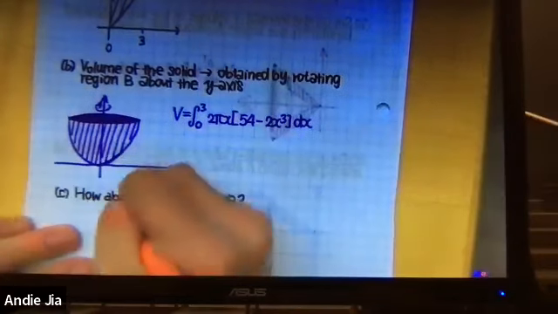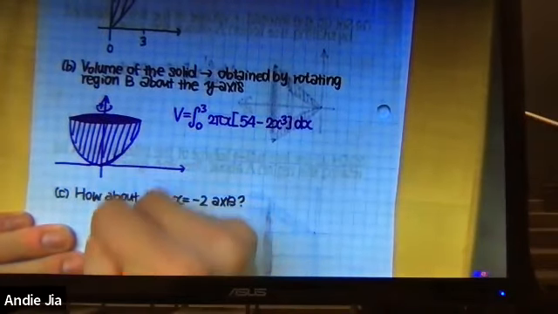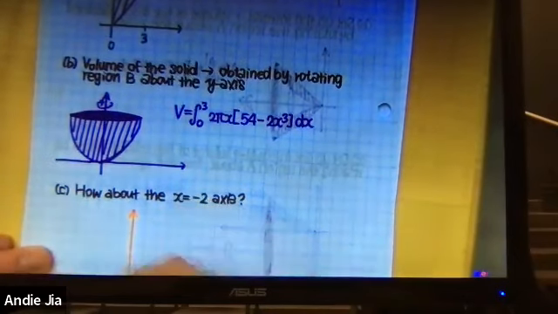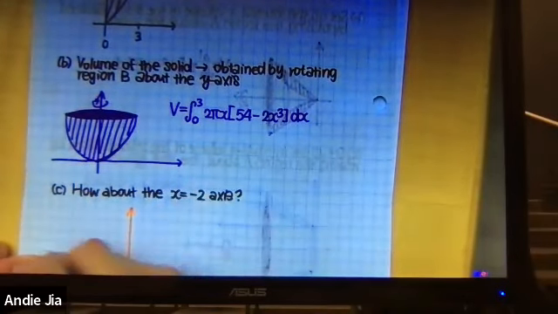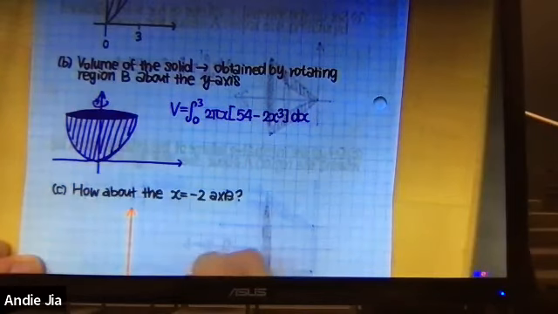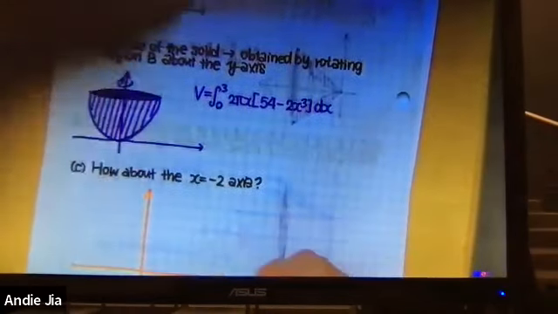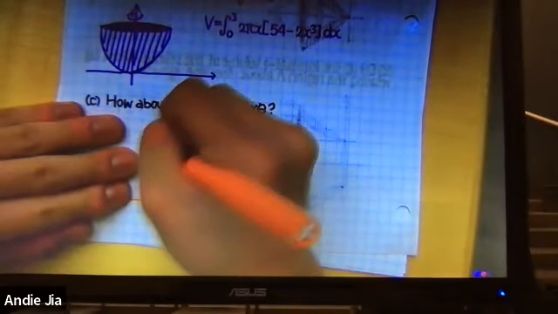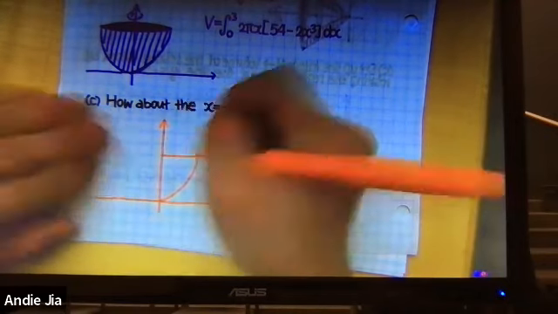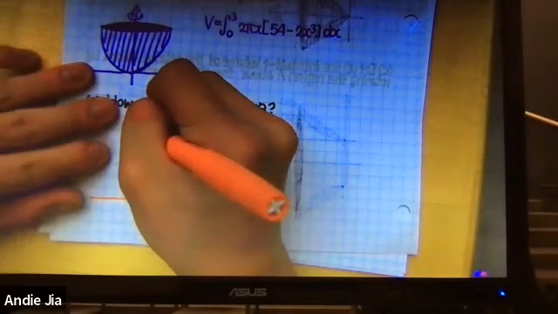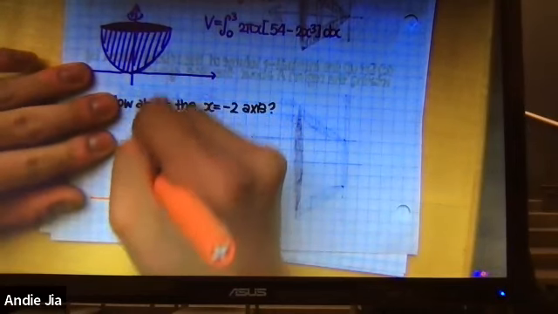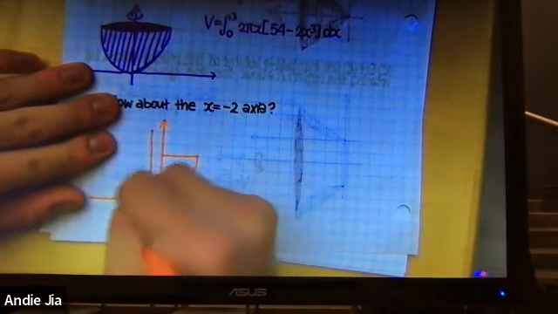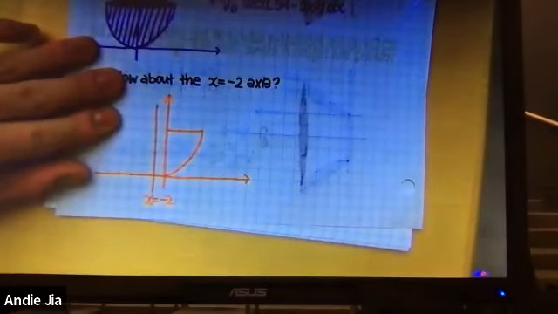The y-axis is here, and this is the x equals -2 axis we are rotating about.